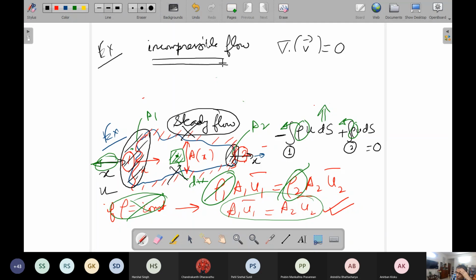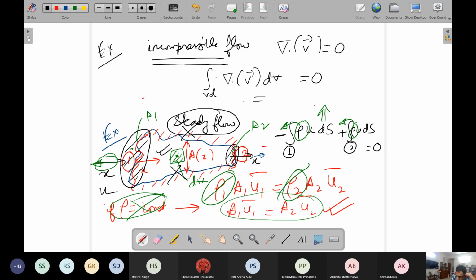Now let us consider this incompressible flow and try to apply this to this physical picture. We'll have a volume integral over the entire volume, and that is it. Just like the previous case, the same divergence theorem etc. we will apply, but the rho factor has not come.